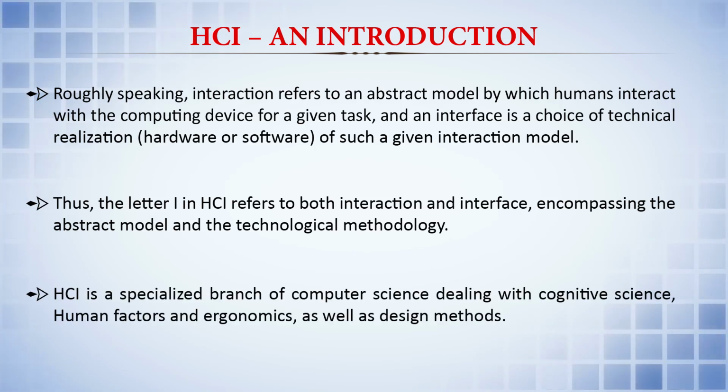HCI is a specialized branch of computer science dealing with cognitive science, human factors and ergonomics as well as design methods. That is the reason why we call it an interdisciplinary science.